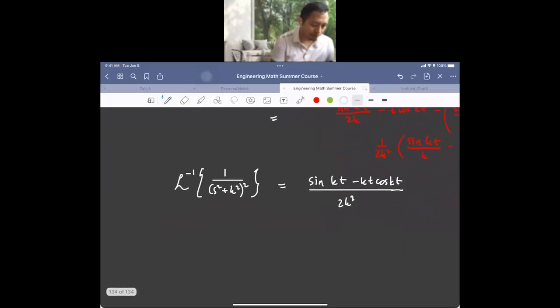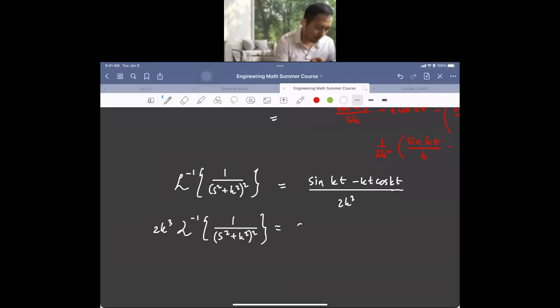Or if we multiply both with 2k cubed, another form that we might have is sine kt minus kt cos kt, right?